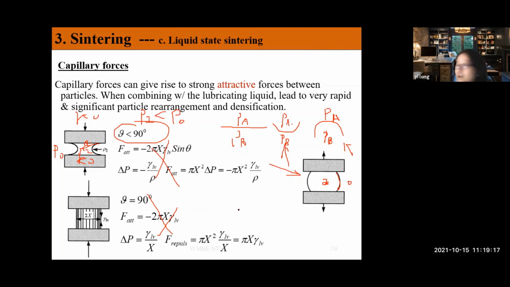That means you can now imagine whether these two particles are going to come closer or move away, if theta is less than 90 degrees, because the pressure outside is actually bigger. Yes, very good. Closer. So now I'm asking you, if I want densification, do you want theta less than 90 degrees or larger than 90 degrees?